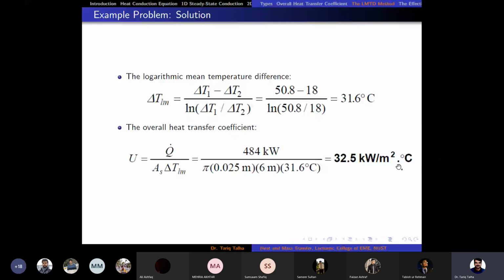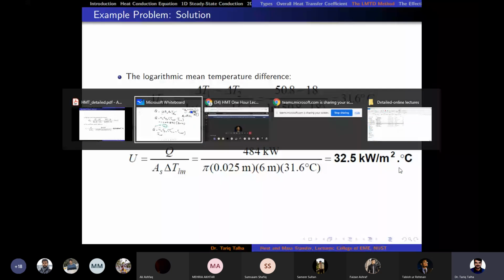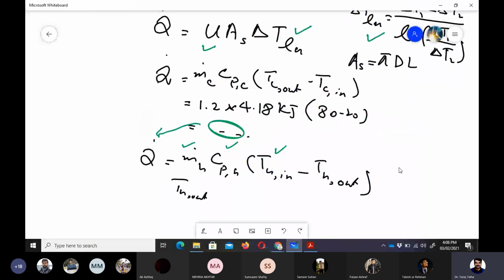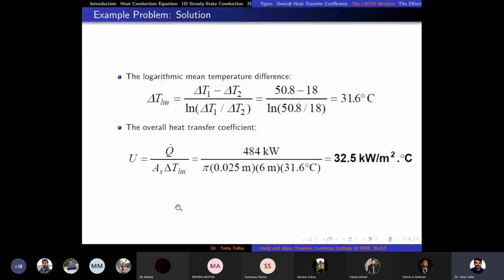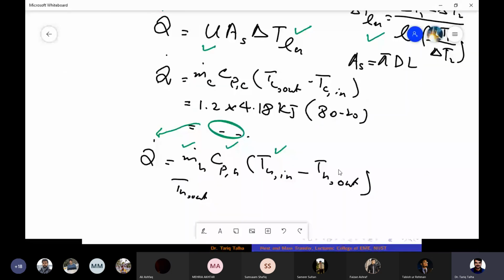Now we have found out U. So now it means that we need to have the material of the heat exchanger in such a way that this U value should remain in this range because we need to have that heat transfer. So just a physical aspect of design.